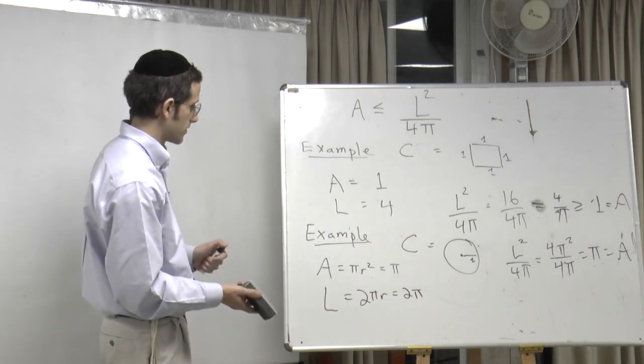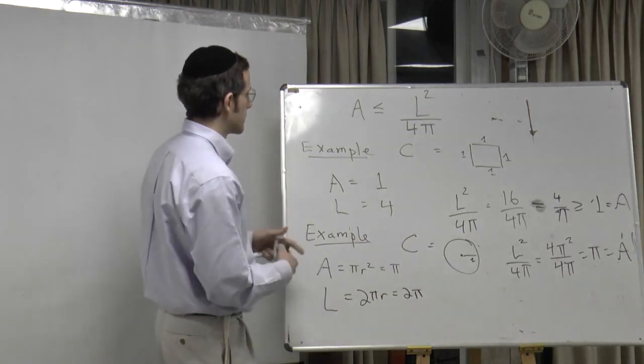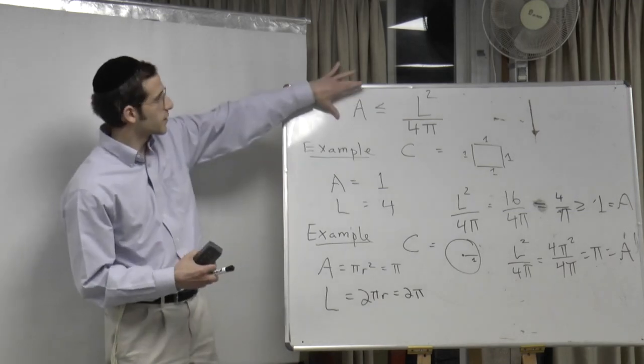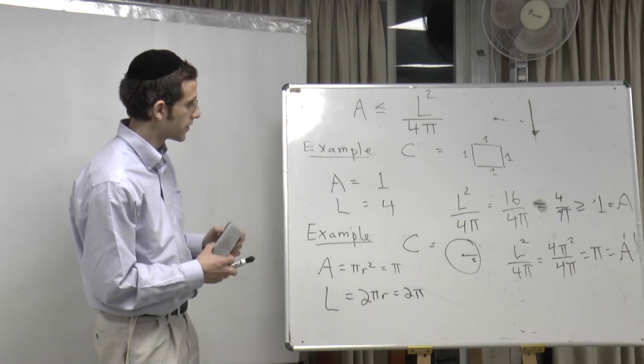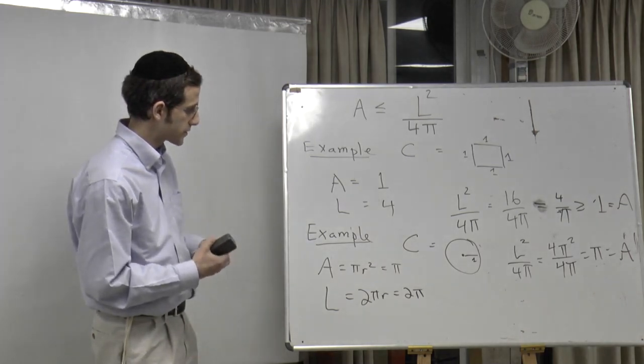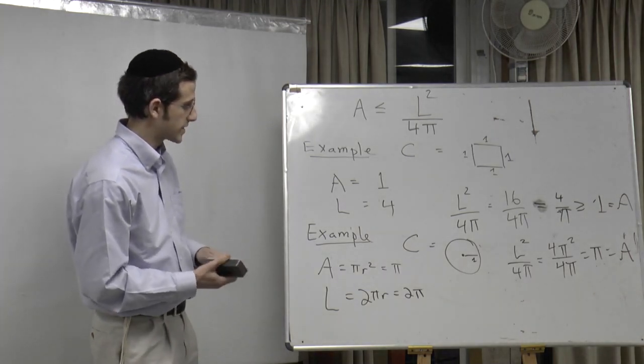That's a way of thinking about pi. Even if you don't know what a circle is, you can state this inequality and kind of say what pi is. So that's one place where pi shows up. There's a lot of ways that pi shows up.